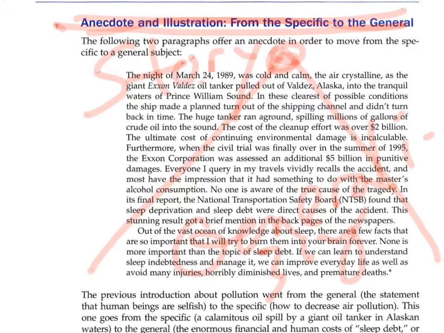In this case, talking about the Exxon Valdez, and then moving into a more general example about pollution in general.